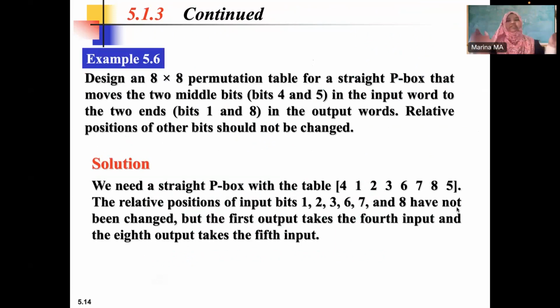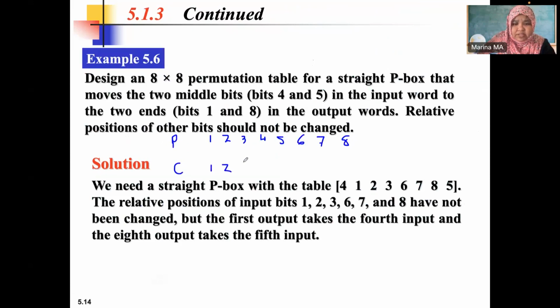Okay, first let's do 8 by 8. Let's do the arrow. Arrow is better, isn't it? 1, 2, 3, 4, 5, 6, 7, 8. 8 by 8. So this is the plain text. This is the ciphertext. Same, put the numbering.